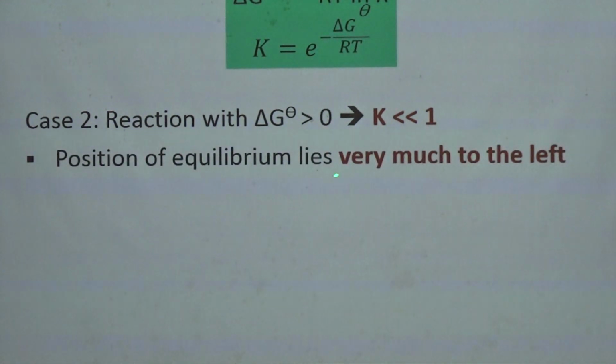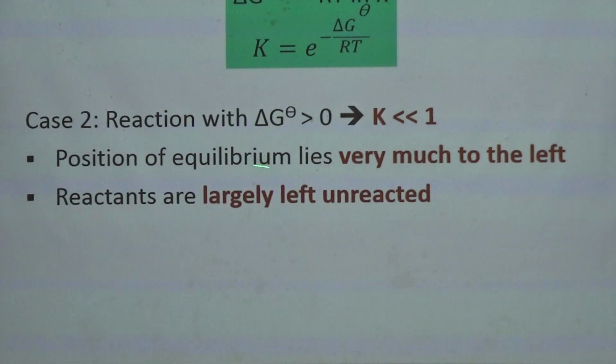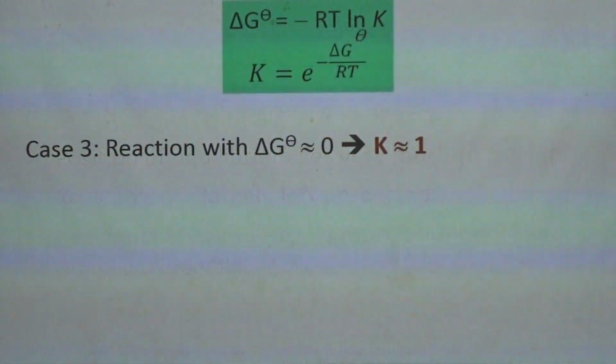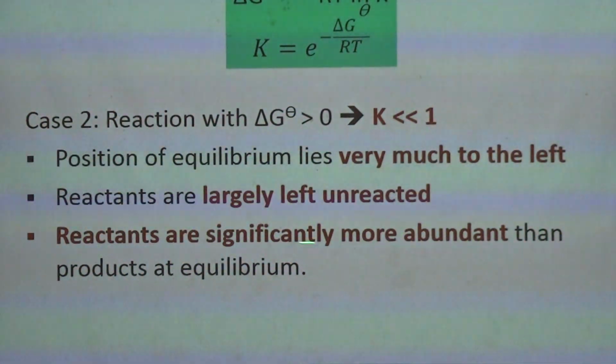So the position of equilibrium must lie very much to the left, because when K is lower than 1, the concentration of product is going to be lower than the concentration of reactants. The reactants will be largely left unreacted, and the reactants will be significantly more abundant than product at equilibrium. Which is consistent with a K value that is less than 1.